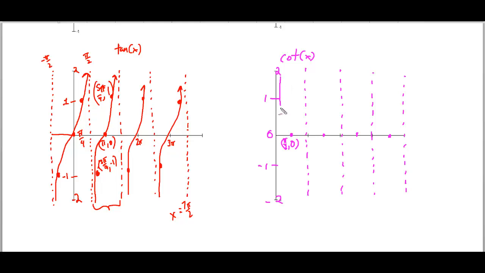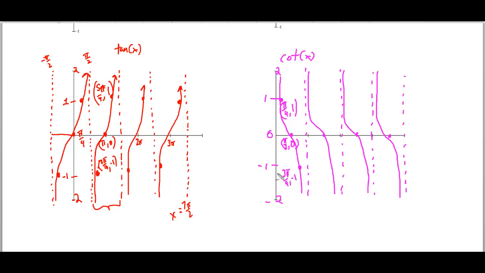And these swoop down from the top. If you compare them versus the tangent, you can see that that would be the reciprocal of tangent there. So a couple interesting points. Obviously the points you care about are these at 1 and negative 1, and like they were on the tangent, this is going to be at pi over 4 comma 1, and this is 2 pi over 4, so this would be 3 pi over 4 comma negative 1.